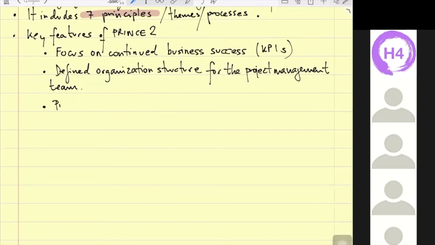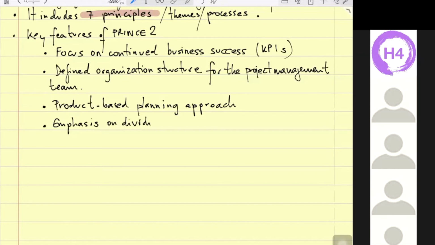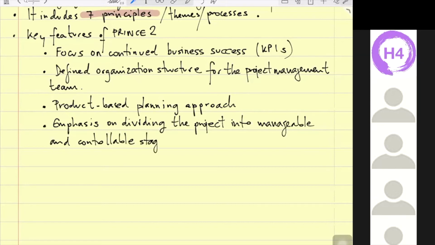It is a product-based planning approach that emphasizes dividing the project into manageable and controllable stages, and flexibility that can be applied at a level appropriate to the project.